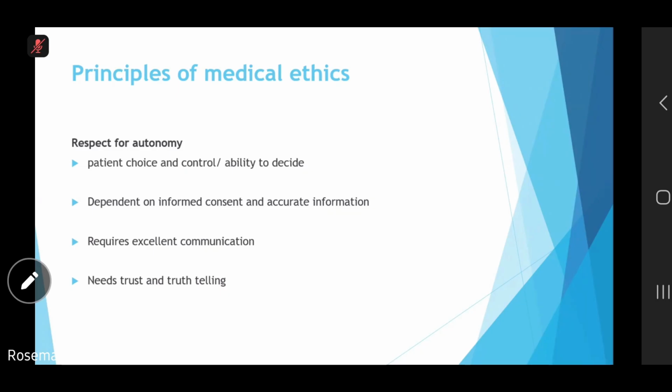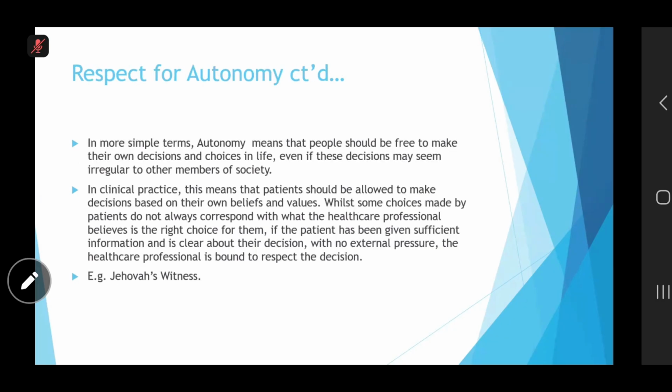So autonomy also needs trust and truth telling. Don't lie to patients when you want them to decide on what to do for them. So in most simple terms, autonomy means that people should be free to make their own decisions and choices in life, even if this decision may seem irregular to other members of society.